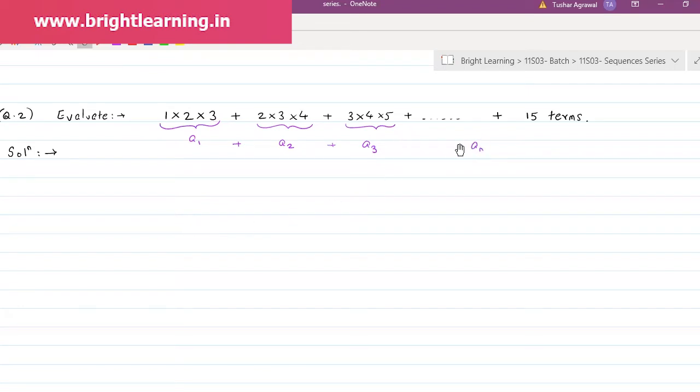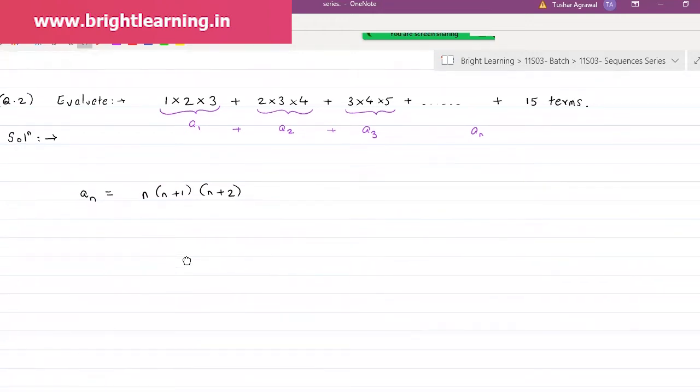They are represented by n multiplied by n plus 1 multiplied by n plus 2. So this is my An, but you have to make sure that when you substitute n equal to 1, the series actually starts from 1 into 2 into 3. When you substitute n equal to 2, it starts from 2 into 3 into 4, and so on.